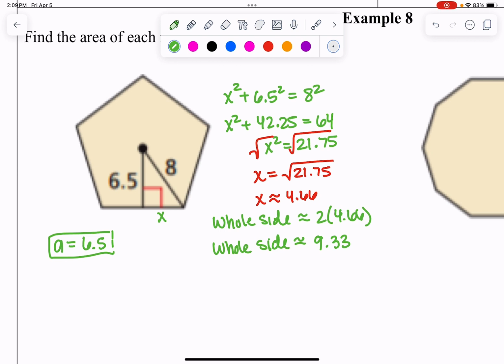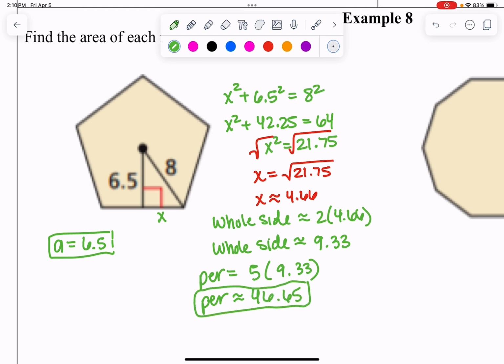And then there are 1, 2, 3, 4, 5 sides. So my perimeter is going to be 5 times that 9.33, which gives me about 46.65. And we might be off by a decimal point, depending on where we rounded to.